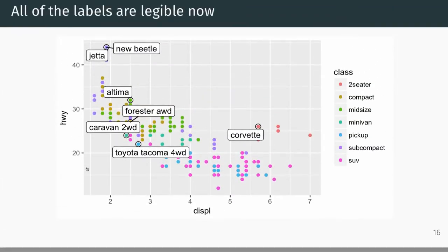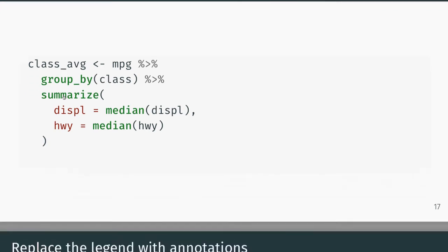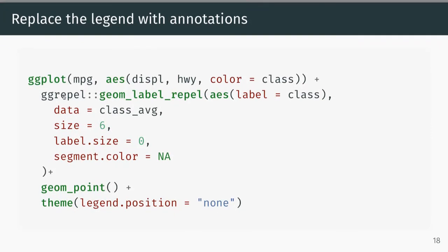So, for example, the class average for this might be here, halfway on the y-axis and halfway on the x-axis, except it's a weighted average, so it isn't going to be exactly in the center of these points. So we're taking, actually, it's not the mean, it's the median of these. So the result of this is going to be a list of positions, a list of x and y positions.